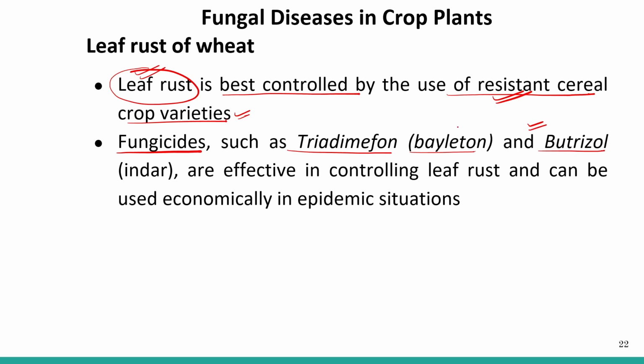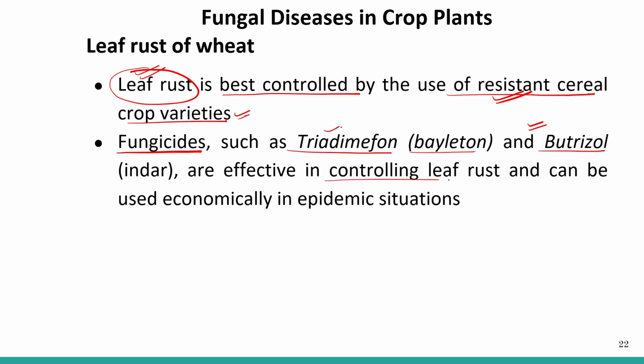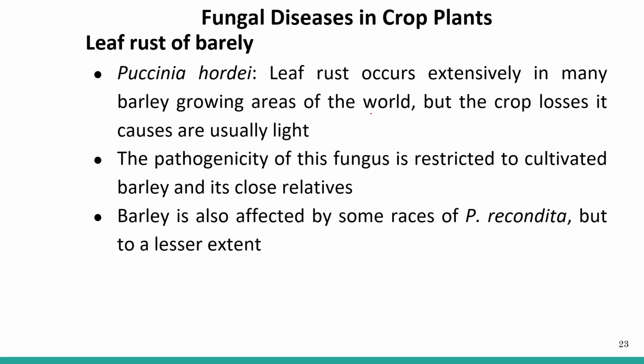These are names of fungicides that are quite effective in controlling leaf rust and can be used economically in an epidemic situation. So when these spores are present on the epidermal region, these fungicides can be sprayed to eradicate this disease.